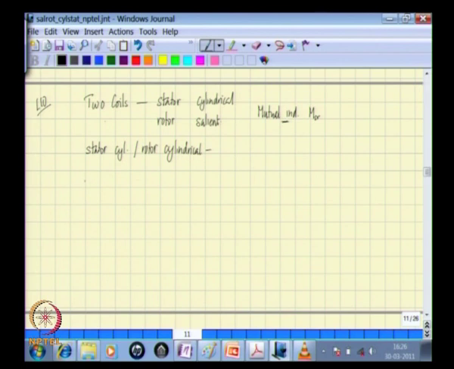What we will do is, we first consider, as we have said before, the rotor to be excited. Second, we know the flux density waveform.